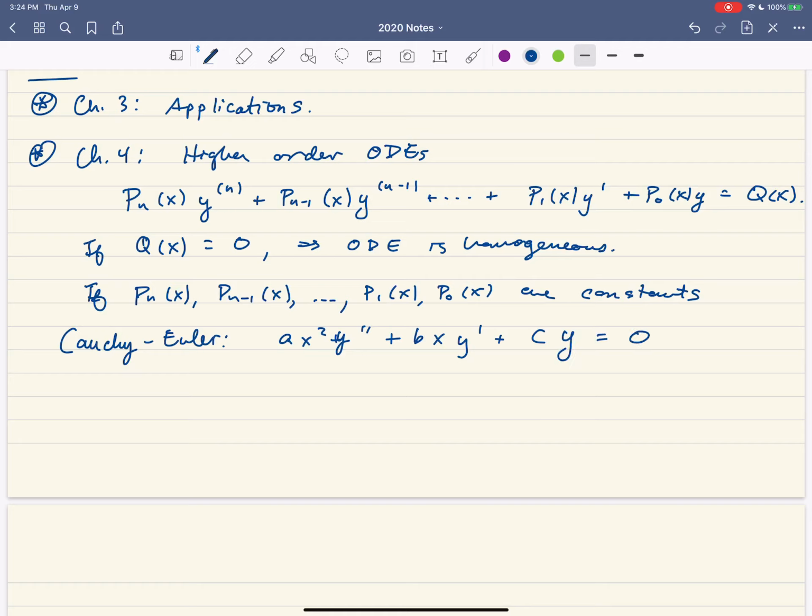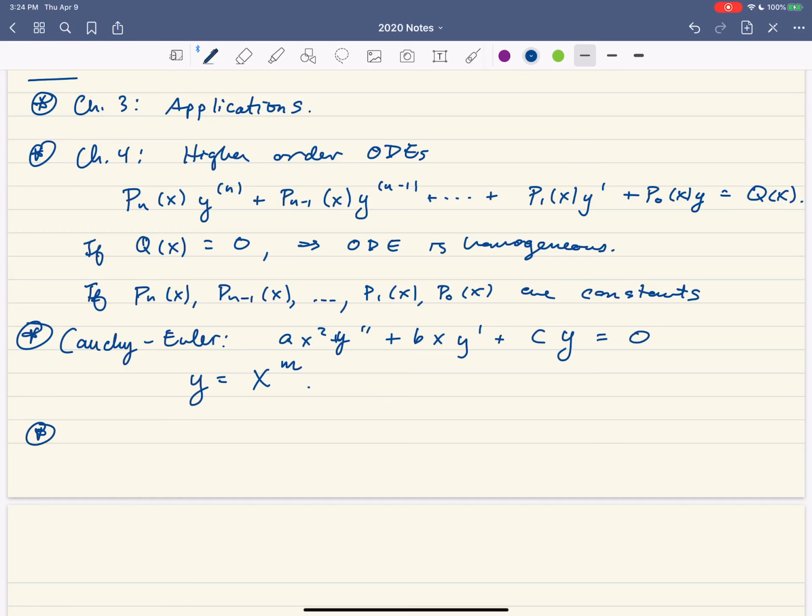And it turns out that the right thing to do here is to let y be x to the m, and then we can interpret, and again, we know what to do if we have repeated roots or complex roots, we handled all of that. So that's Cauchy-Euler equations, another chapter 4 topic.